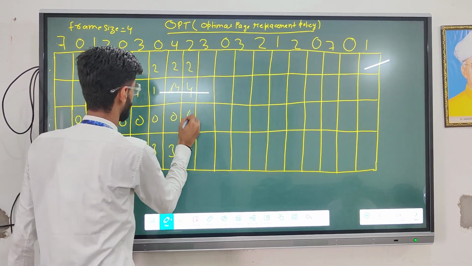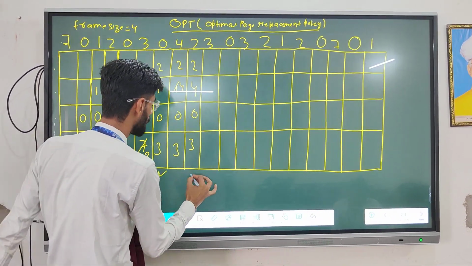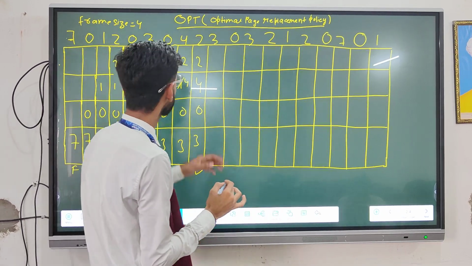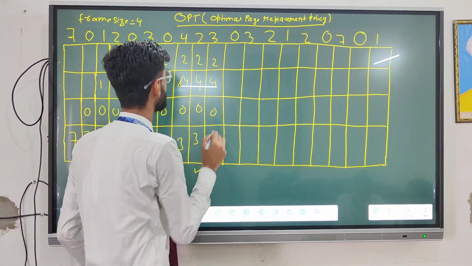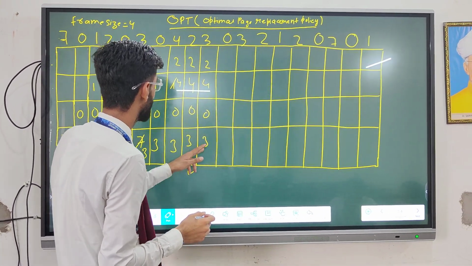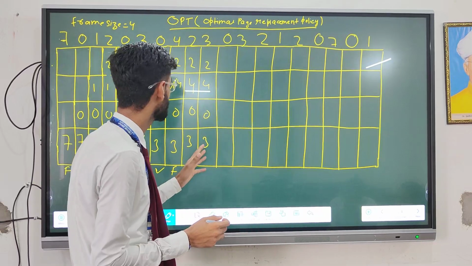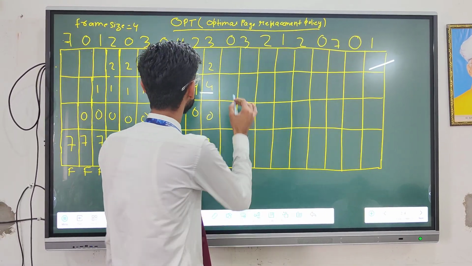Now we already have 2, so no page fault occurs. Similarly, in the next memory table we have reference string 3, and 3 is already present in the box, so no page fault occurs.